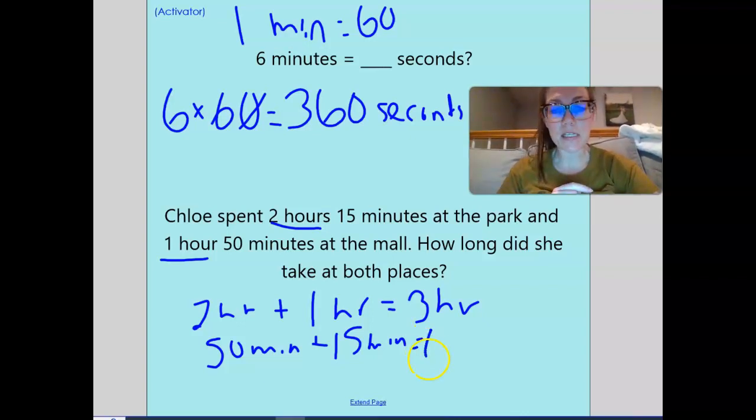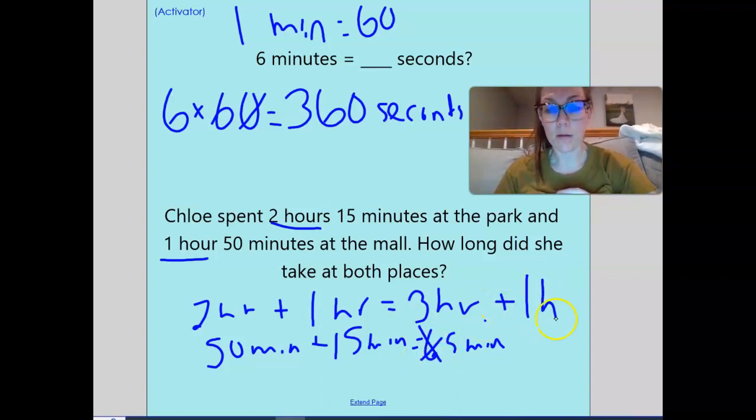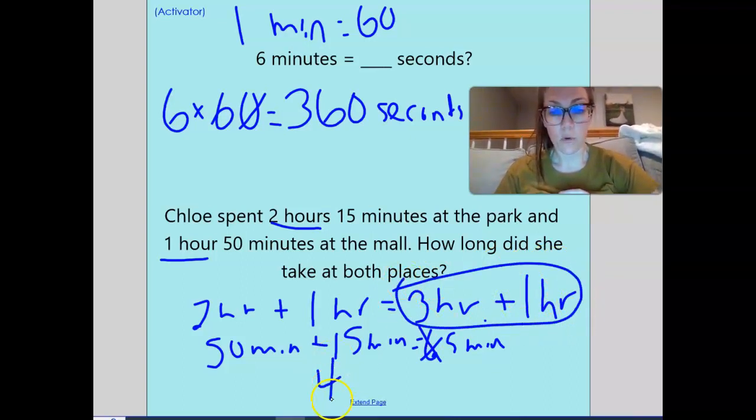I'm not going to say 65 minutes, though. I can take 60 of that away and change it into another hour. So I really have a total of 4 hours and 5 minutes.